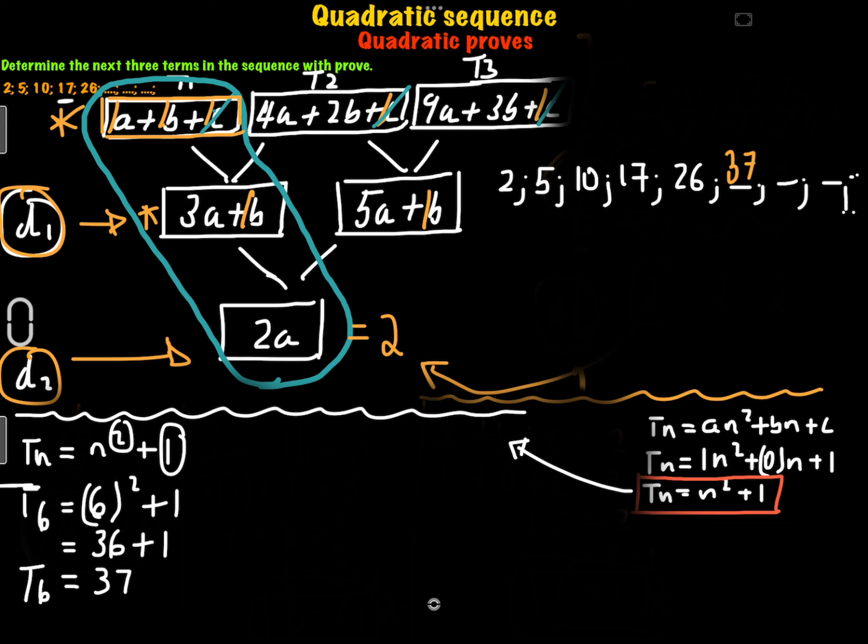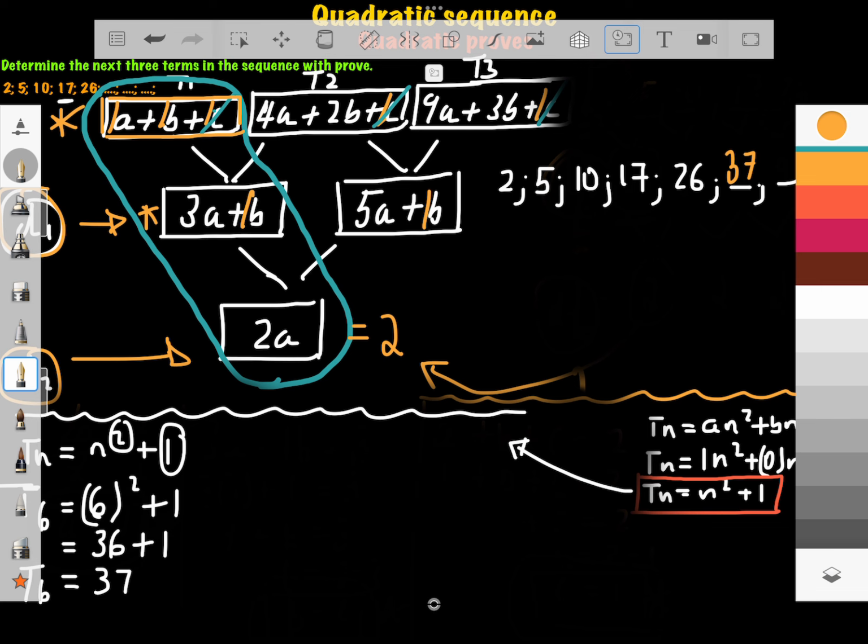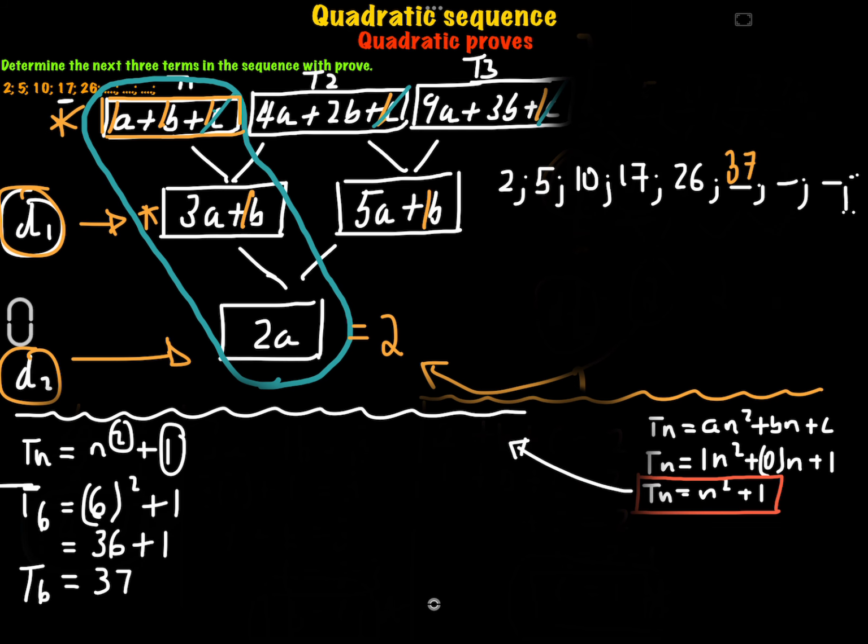So the seventh term also follows the same application. We have Tn is equal to n squared plus 1, the general formula. We want to find the seventh term this time, so where n is, we substitute 7.